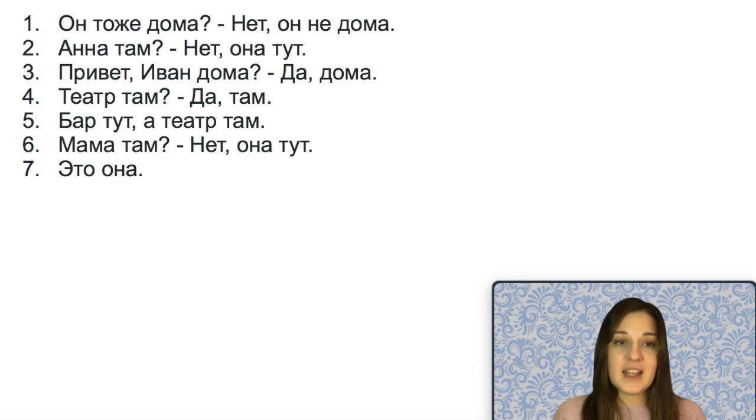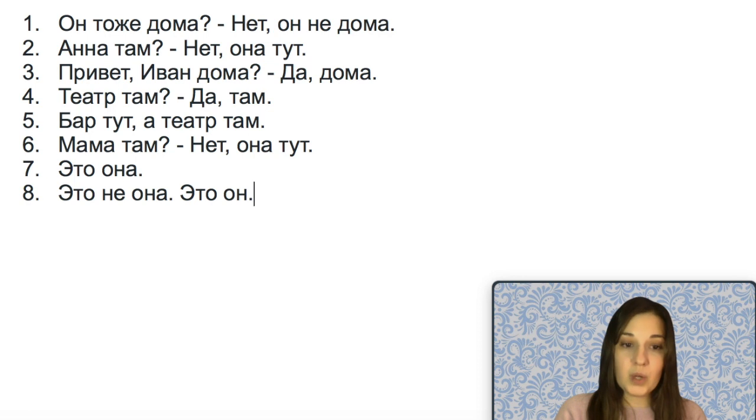So, это она. This is not her. This is him. Это не она. This is это him. The main form in Russian is он. Это он.